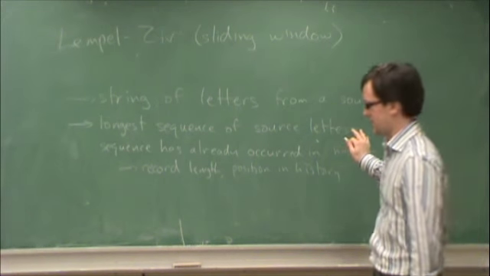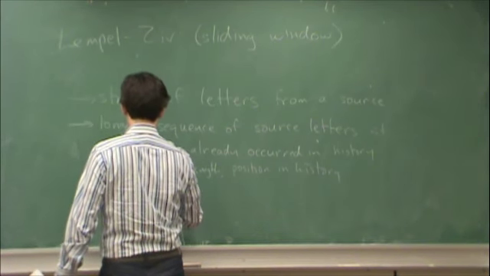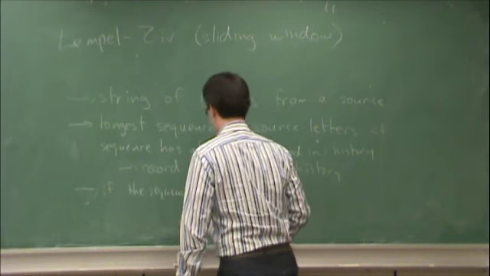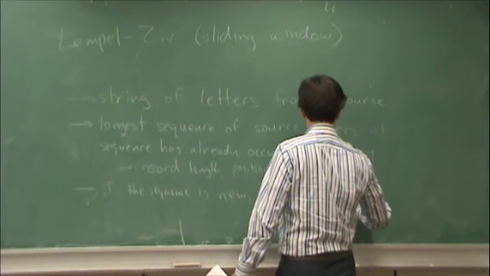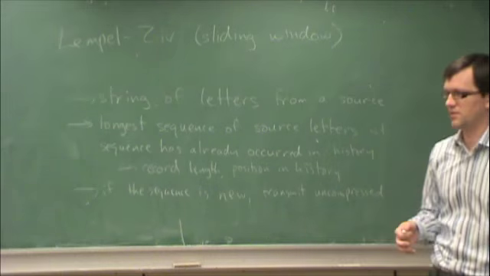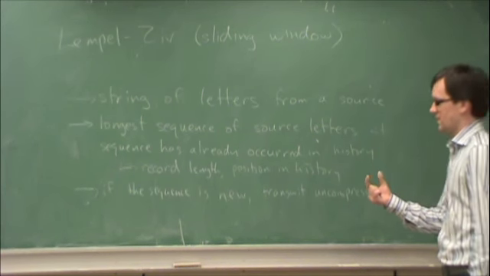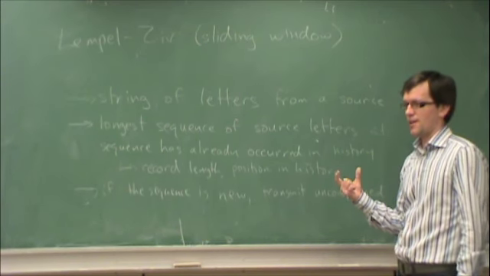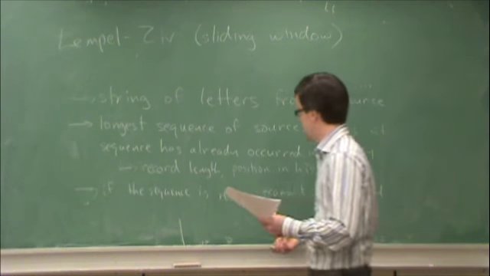If there does not exist such a sequence in history, if the sequence is new, then transmit uncompressed. So if we see a new sequence that hasn't occurred before, we'll send it uncompressed. If we see a sequence that has occurred before, we'll wait until the longest such sequence is available, and we'll basically send the index in the past of that sequence.